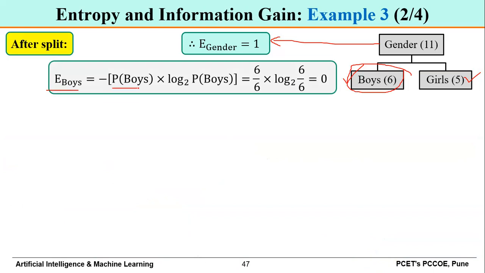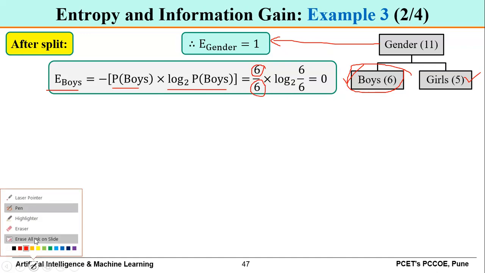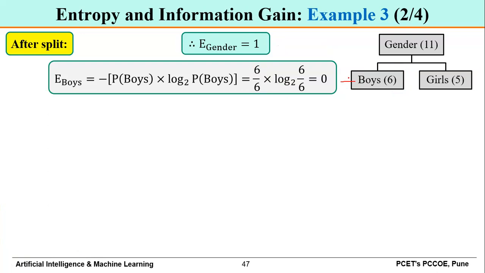Now at the individual level, when we talk about only boys, the entropy for boys is equal to minus, in brackets, probability of boys multiplied by log to the base 2 probability of boys. There are a total of 6 boys and the number of data points is also 6, multiplied by log to the base 2 of 6 by 6, because here we are talking only about this particular box of boys, and that's why we get entropy as 0.